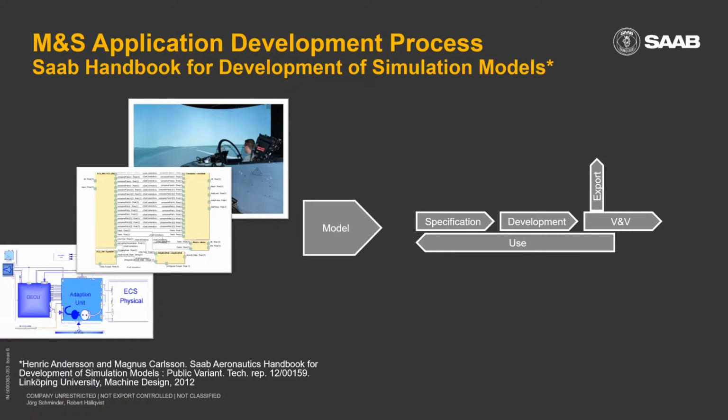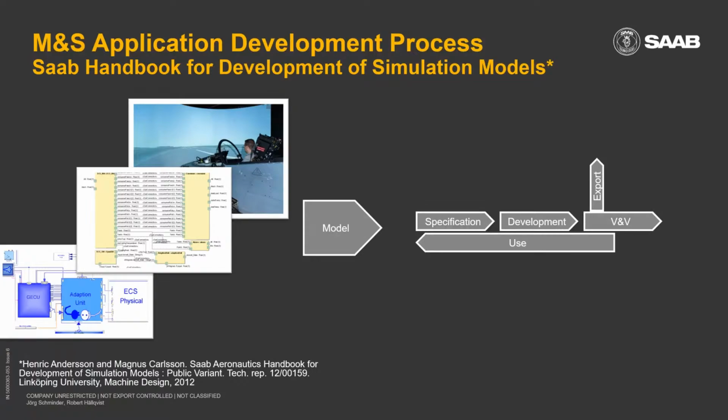This process, called Saab Handbook for Development of Simulation Models, is publicly available at the reference here at the bottom of this page. And at a very coarse level, the handbook describes the steps that you see here in this figure. First, we have a specification activity where we define the purpose of the model. We formulate a verification and validation plan, etc.